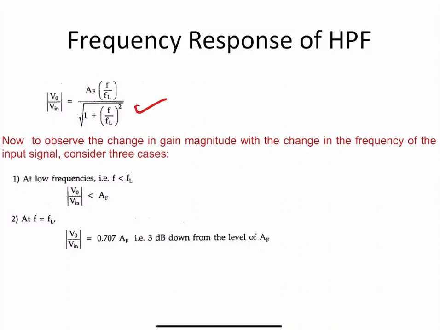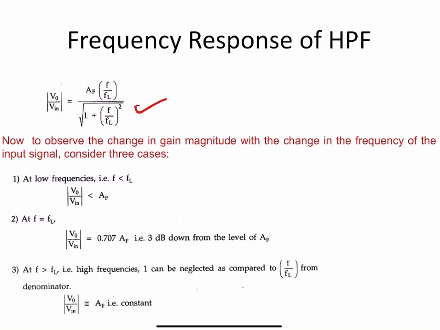When you convert it into the decibel, you will get 3 decibel down from the level of AF. Next case is when f is greater than cutoff frequency, then by putting this relation f greater than fL in this expression, you will get V0 by Vin is approximately equal to AF. That is, we will get constant value.